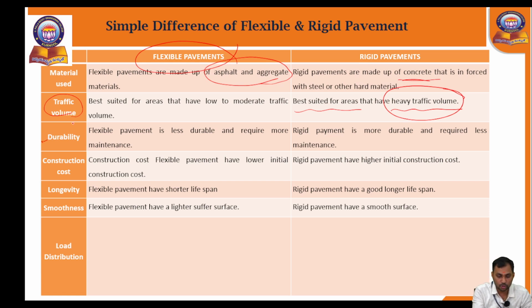Okay, next, durability. When coming to durability, the flexible pavement will need some small patch works, nothing but repair works, every year due to temperature or climatic situations. The flexible pavement is less durable and requires more maintenance.